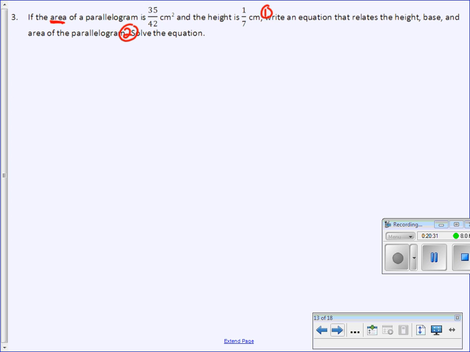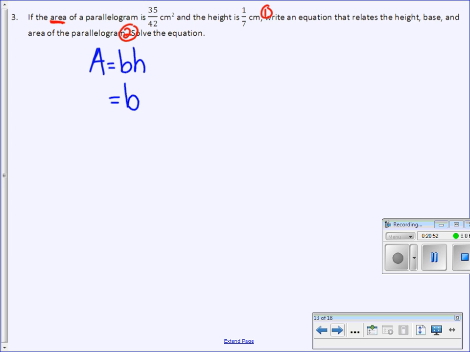Right, so we'll write that first. Area equals base times height. And now we have to replace the variables with the numbers. So, the base is we don't know.